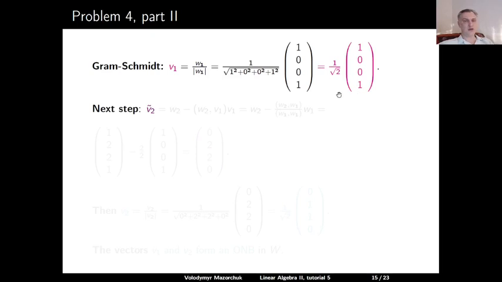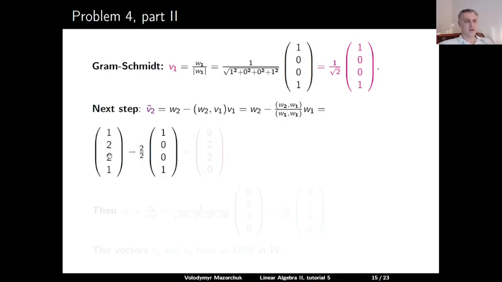Next we look for the auxiliary vector v2 tilde, which is w2 minus the scalar product of w2 with v1 times v1, or alternatively it's w2 minus w1 with the coefficient, the scalar product between w2 and w1 divided by the scalar product between w1 and itself.